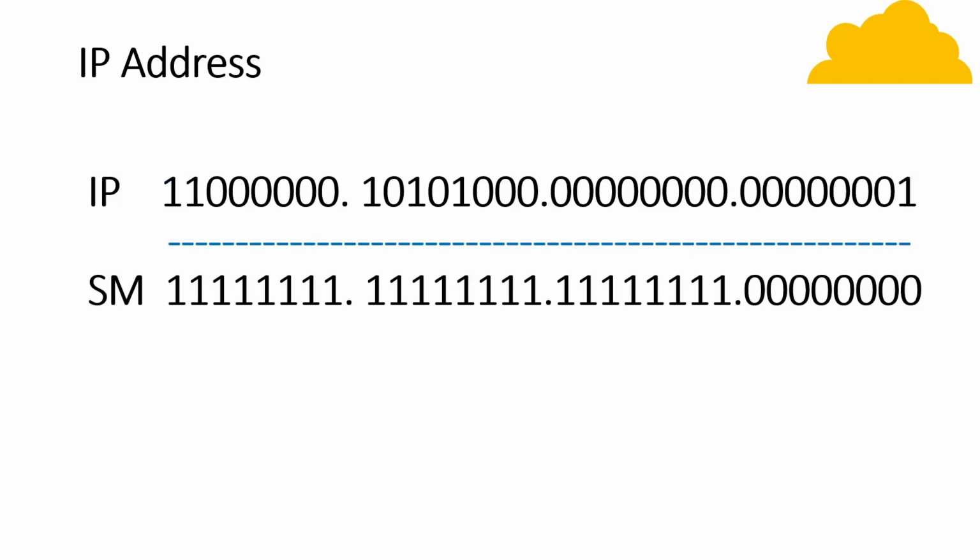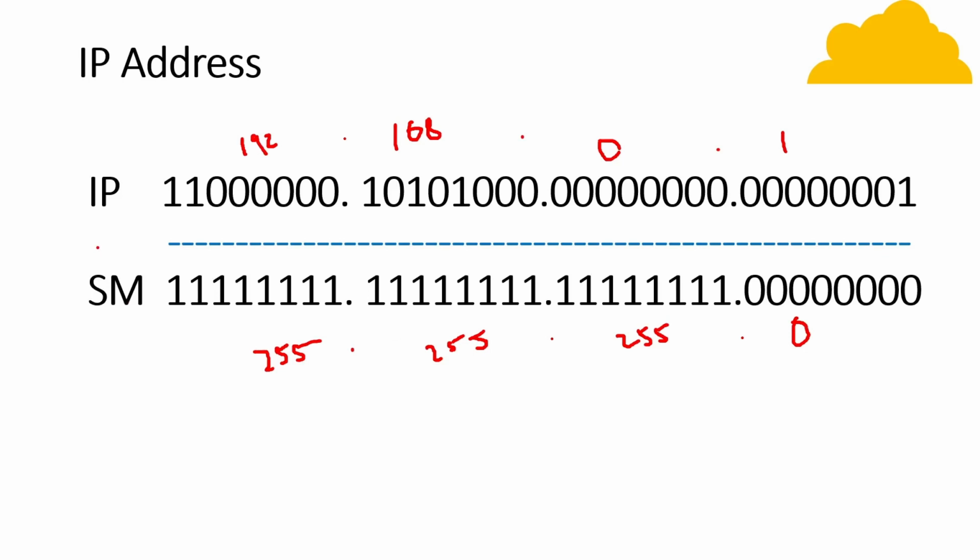We looked into class A IP address and class B IP address. Let us look into the class C IP address. So this is 192.168.0.1 and this will be 255.255.255.0.